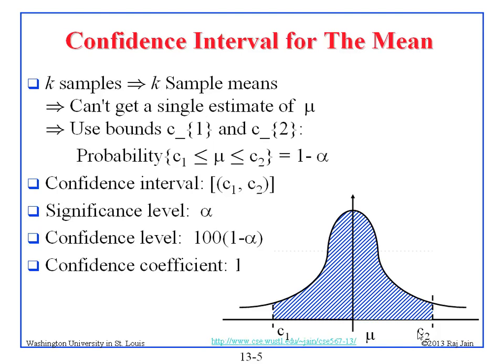So we put 2 bounds, C1 and C2, and we say, well, based upon whatever I know so far, the probability of being wrong is 5%, but there is a 95% chance that the population mean is in this range. Okay? So that is what is called confidence interval.